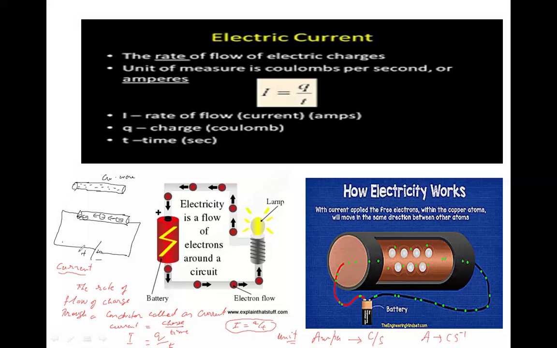In order to keep this tradition, the scientists decided that the direction of current is from positive to negative, not from negative to positive. But the actual direction of electron flow is from negative to positive. We have to remember these two things.